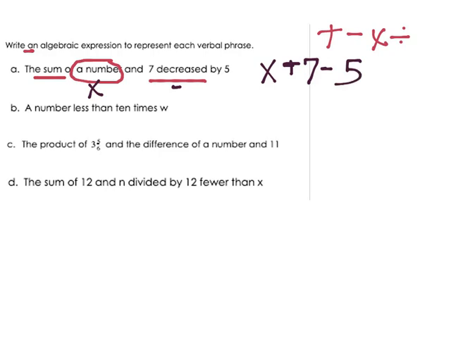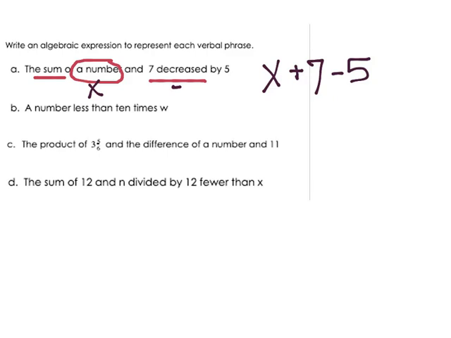If you refer back to our do now, we refreshed our memories on the order of operations. I don't need any grouping symbols here because if I follow the order of operations, I have to solve the addition before the subtraction. So no matter what, I'll still be decreasing the sum of that number and 7 by 5.